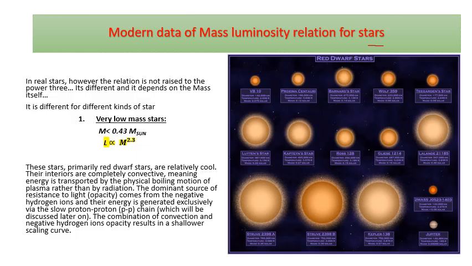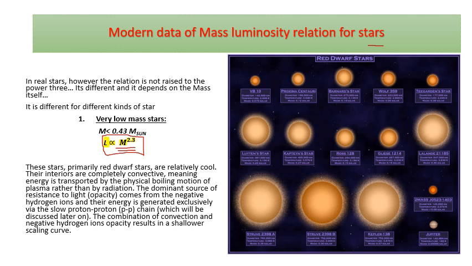So why does this happen? It is because the opacity is varying, the density is varying. Therefore this relation will not be ideal. It will also change as the mass changes. So it is like a feedback loop. The mass changes, the luminosity relation also changes.